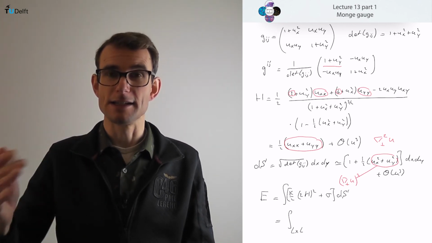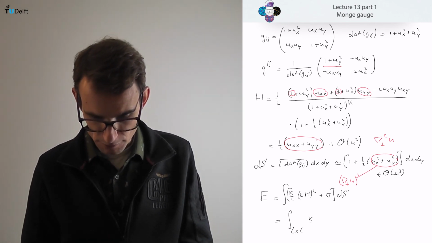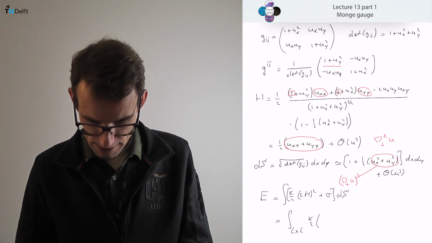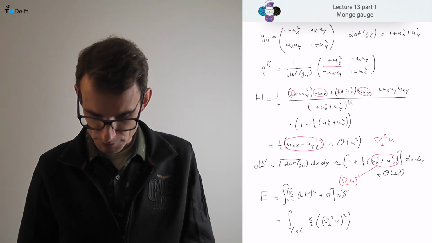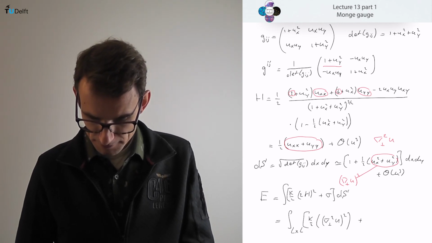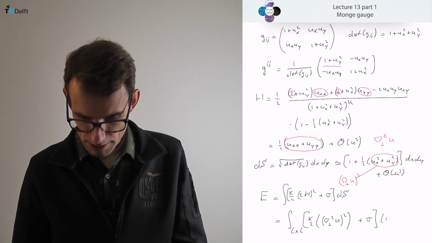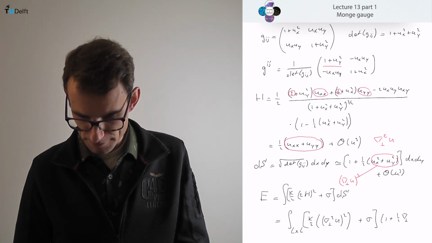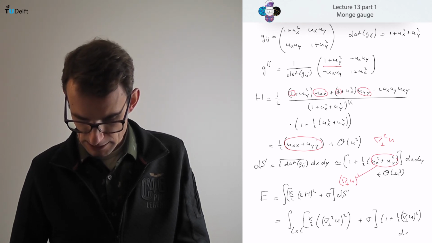So this is really a square in the reference coordinate system, and then we have kappa over 2, and the half is killed by the 2, so we have the Laplacian of u squared, plus sigma, and then for the area element we had 1 plus a half gradient of u squared, dx dy.